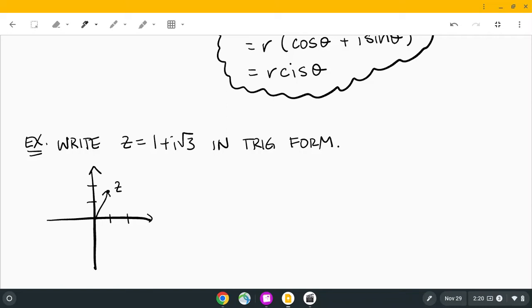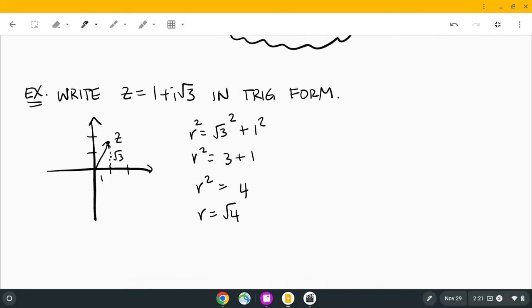We know this is square root 3 and this is 1, so we can go ahead and find r. r squared is square root 3 squared plus 1 squared, so r squared is 3 plus 1, so r squared equals 4. So r equals square root of 4, which is 2.